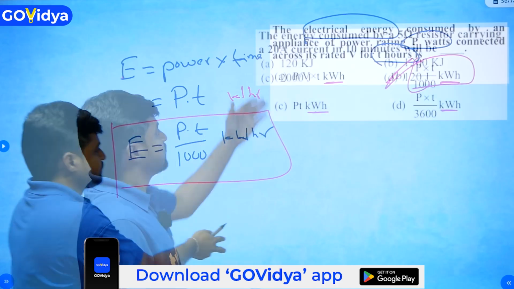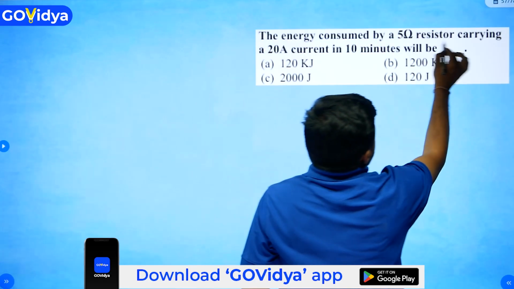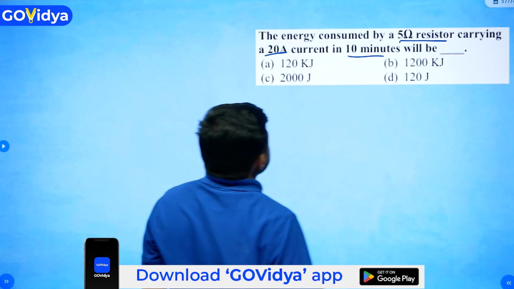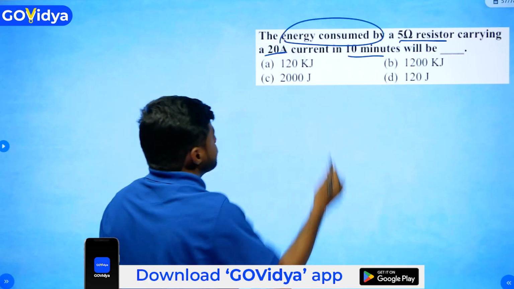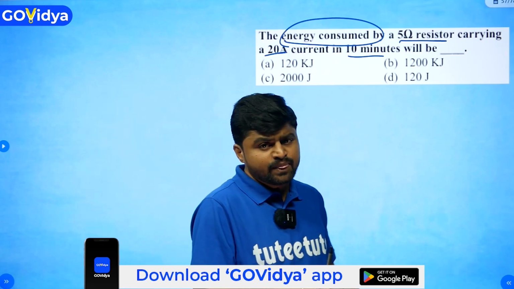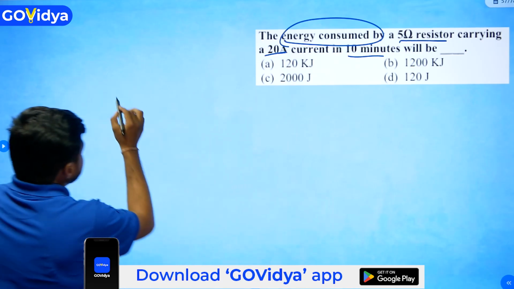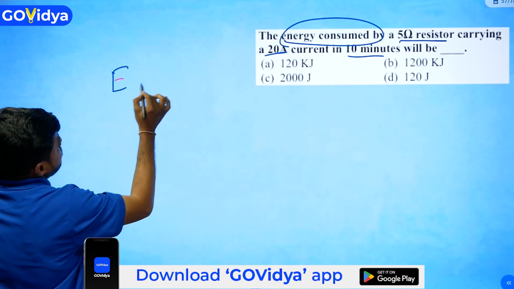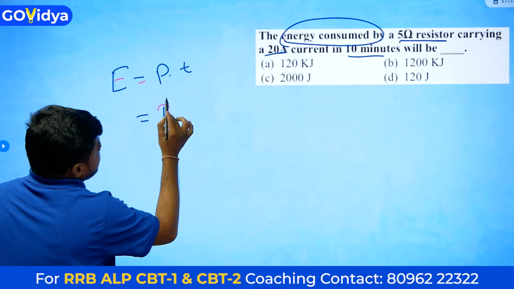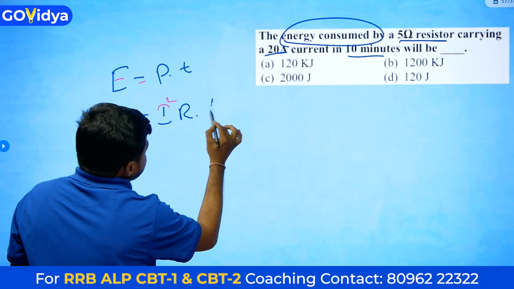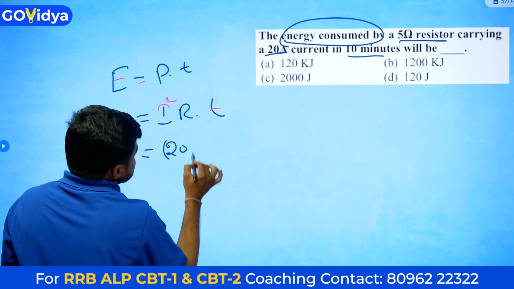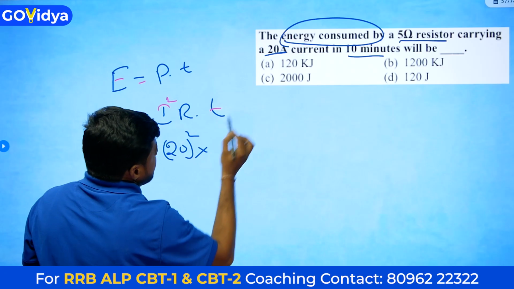Next question, the energy consumed by a 5 ohm resistor carrying a current of 20 amperes in 10 minutes. Here we have to find energy. We know the formula for energy: energy is equal to power into time. Power is equal to I square R, into time. I square means 20 square, into R, value of R is 5.